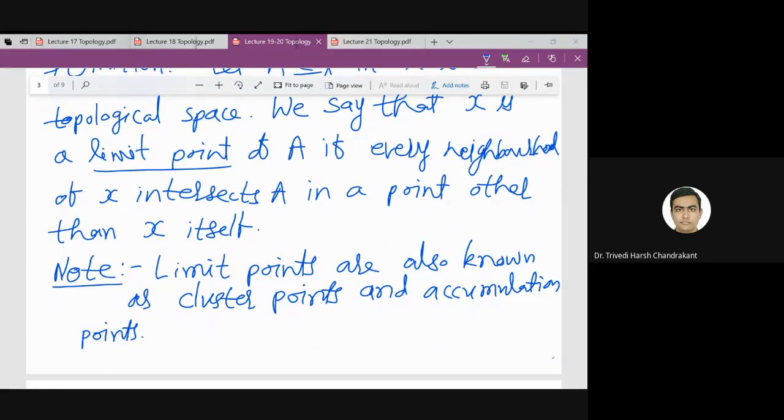So these two are the same terminology: the point is a cluster point means the point is a limit point of that set.